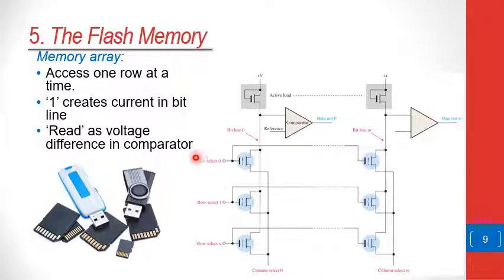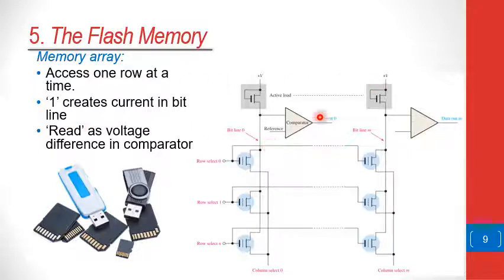Now if row A, let's say row 0, has been selected, the only cells in row A would be read out, and the output will be read out at the comparator. So if row 0 is read, there will be data at comparator number 0, number 2, number 3, and so on up to comparator number M.